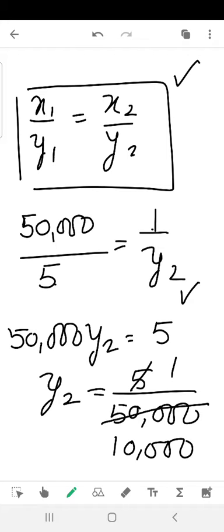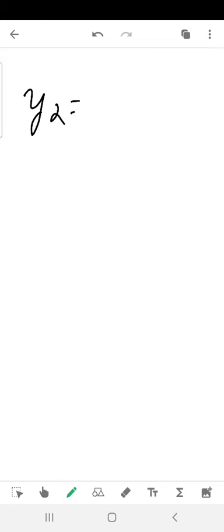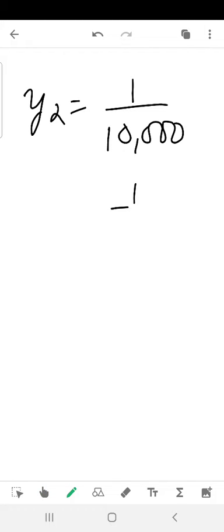Okay, so the value of y2 is 1 upon 10,000. Now, in the previous chapter, you have already studied that you can write this as 1 upon 10 to the power 4, counting 1, 2, 3, 4 zeros.